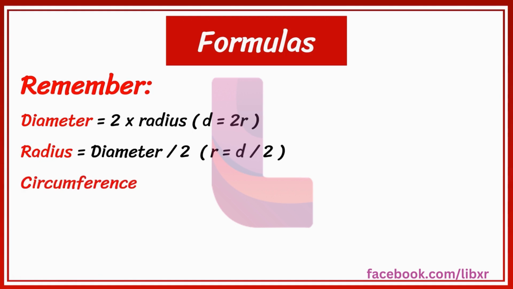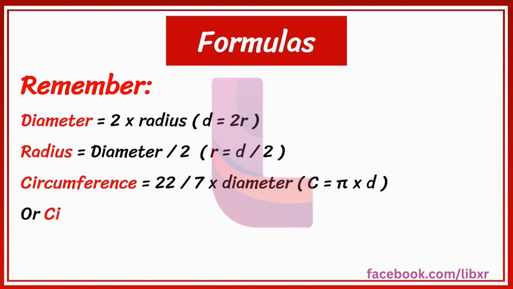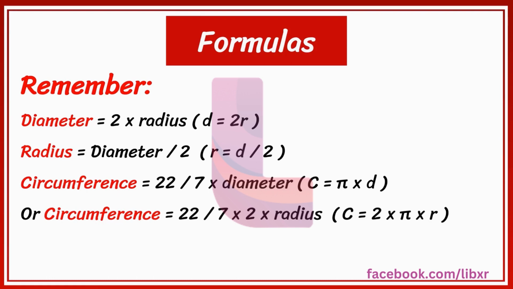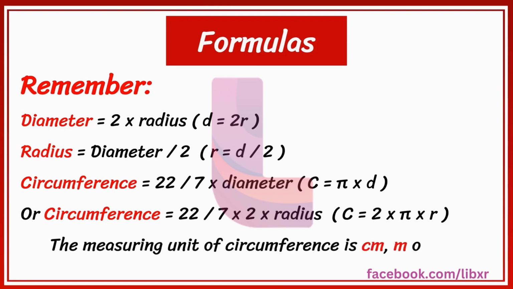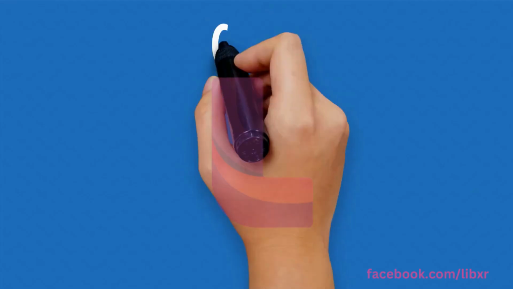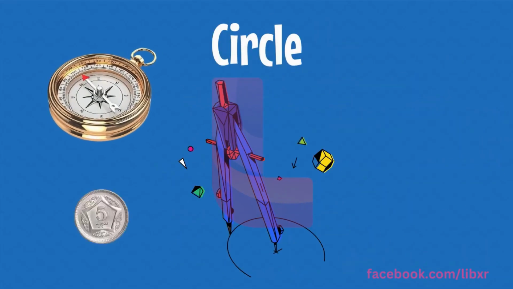Circumference is equal to 22 divided by 7 multiplied by diameter, or C is equal to pi multiplied by d, or circumference is equal to 22 divided by 7 multiplied by 2 multiplied by radius, or C is equal to 2 multiplied by pi multiplied by r. The measuring unit of circumference is cm, m or km.